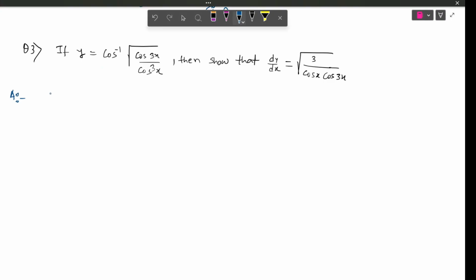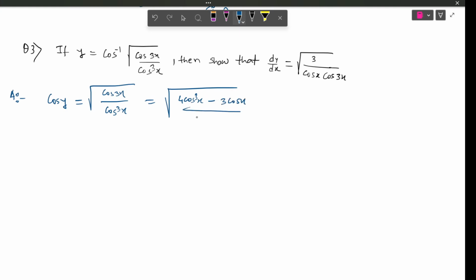Taking inverse term in the left hand side, it would be cos y equals to root under of cos 3x by cos cube x. So here we have to apply the formula of cos 3x, that is 4 cos cube x minus 3 cos x by cos cube x.